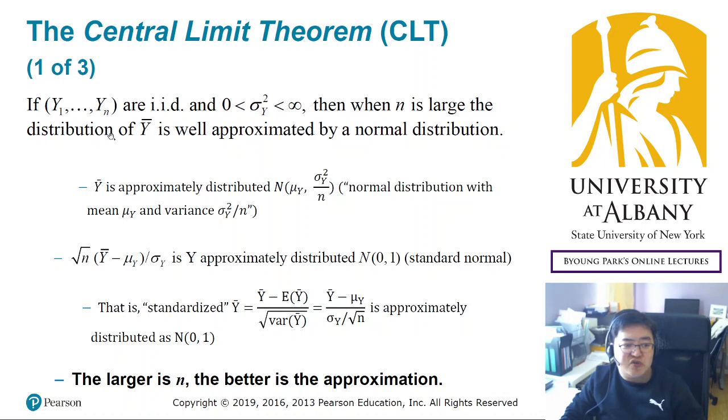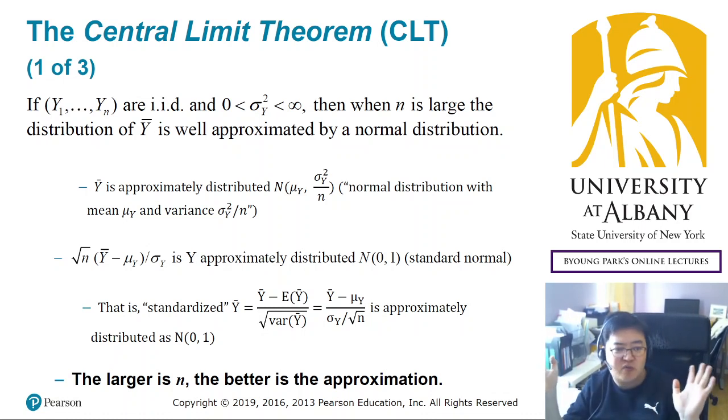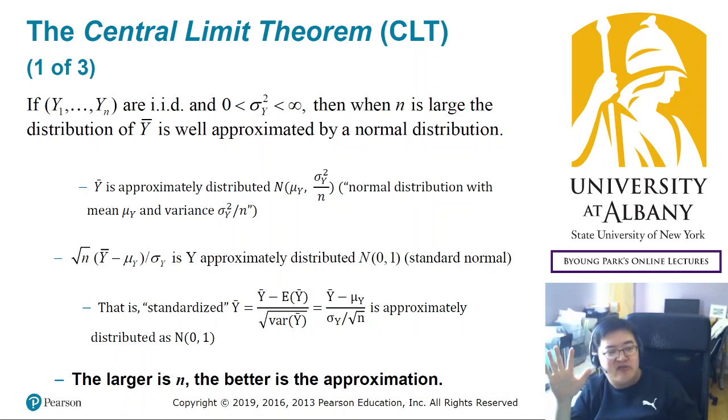The distribution of y bar, the sample average, is well approximated by a normal distribution when the sample size is large enough. And the normal distribution is a very well-known, widely studied, commonly used distribution. Even if your boss does not understand any statistics, your boss in the future will understand the importance of the normal distribution.